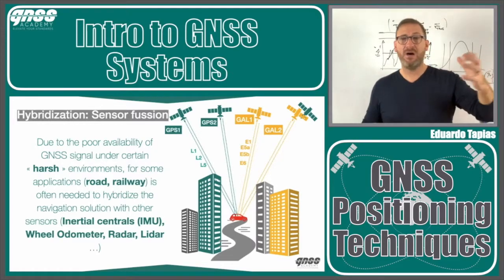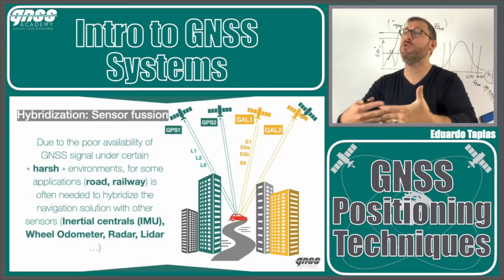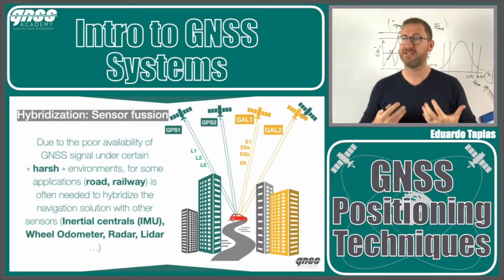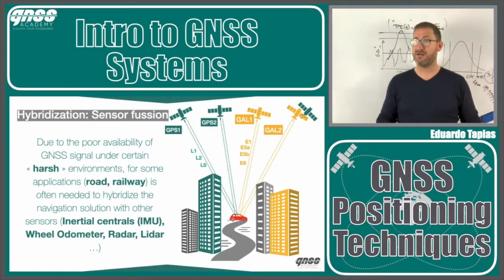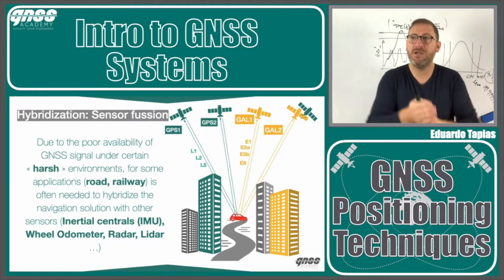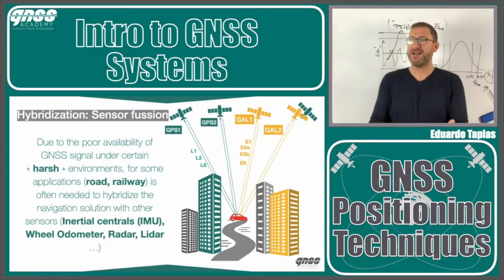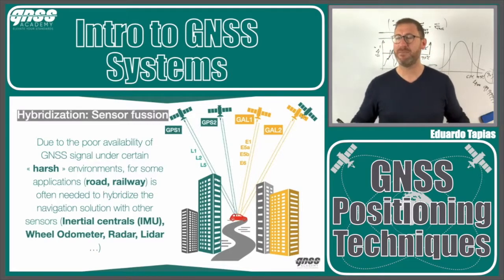Then some other techniques demand availability and continuity in the solution. Let's imagine you are in a car in the city. You go into a tunnel. If you go into a tunnel, you don't receive a GPS signal anymore, right? Then you don't know where you are. Maybe you have already suffered this when you are in a car in a tunnel and the GPS doesn't know anything about the position, right?